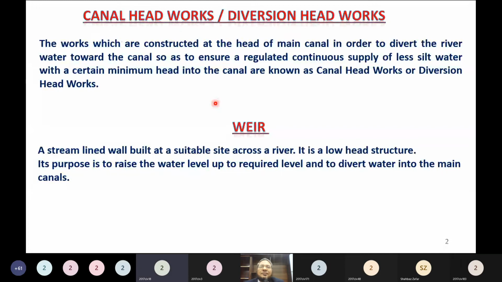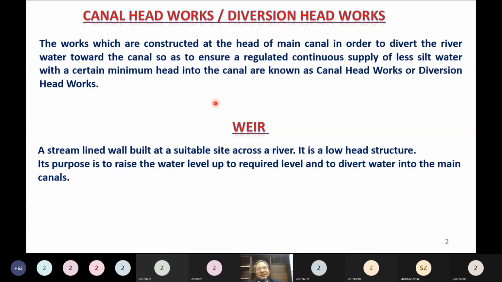Okay. So what is the difference between headwork and a barrage? Is there a difference or are they the same thing? The main difference between the barrage and headwork is the ponding effect. In a barrage we have gates. A barrage is a special type of headwork, a modified form of the weir.